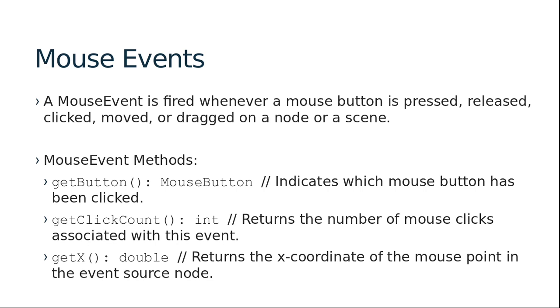Then even you can count the number of clicks, so you can check whether the user has clicked a single time or has double clicked. So to have that, you can use getClickCount. Then you can also find the position of your cursor. The getX method will give you the mouse point position, x coordinate, within your source node.